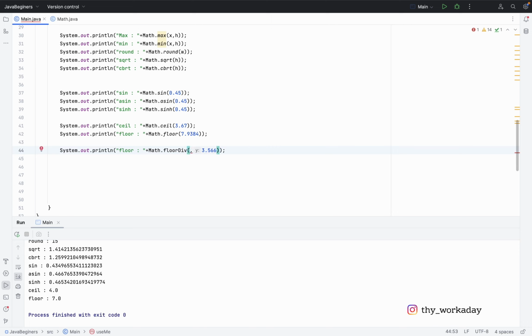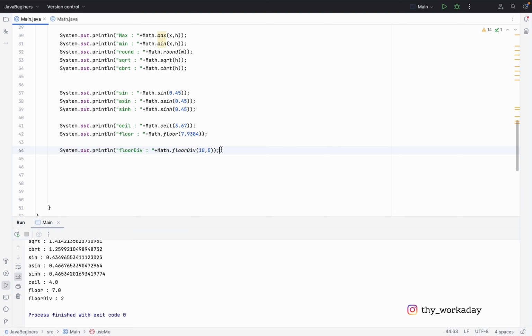It's an integer input. The first one will be divided by 2 and give you the output. The first is the dividend value, the second is the divisor, so it will give you the quotient.